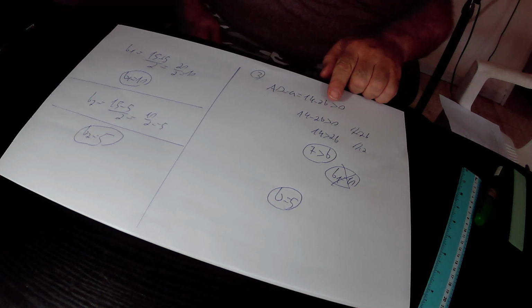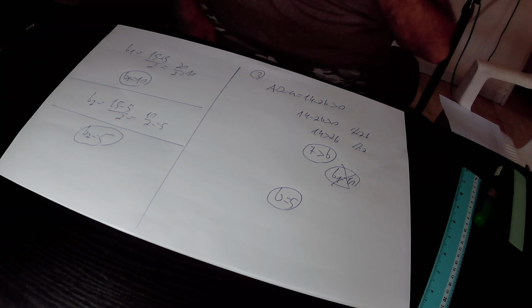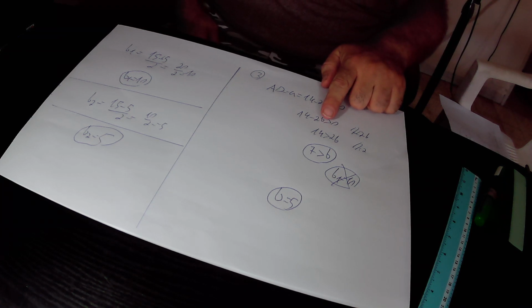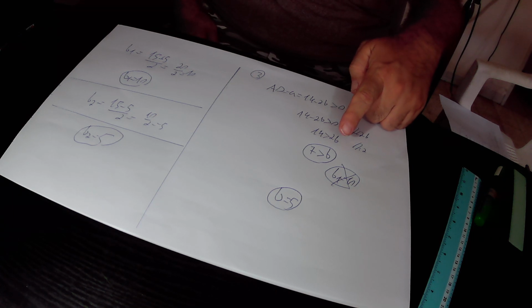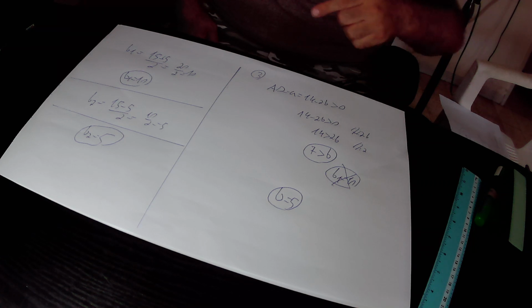We added 2b to this inequality and found that 14 is greater than 2b. Here we divided this inequality by 2, and found that 14 over 2 is 7, and is greater than 2b over 2, that is b. So we found that b must be less than 7.